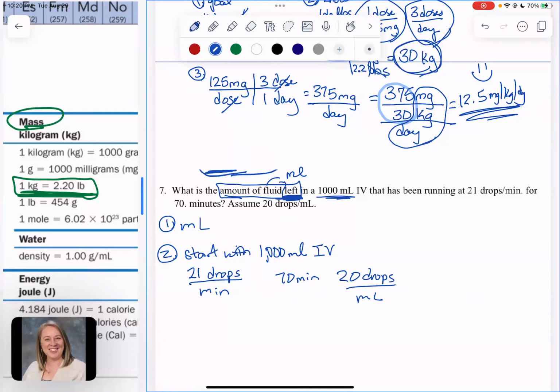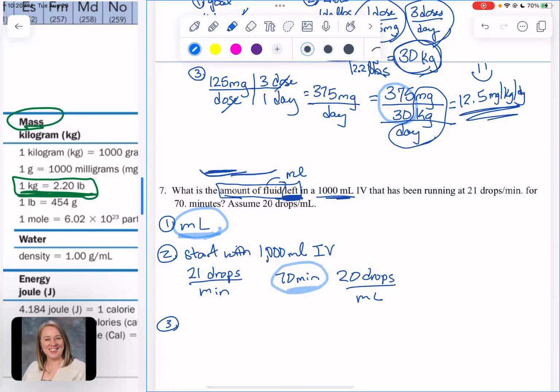For me, when I see this, this is my step 3. My final answer, I want to be in only a numerator unit, and I only have one other thing that starts as just one unit. It doesn't have a top and a bottom, doesn't have a numerator and a denominator. So that's what I'm going to start with.